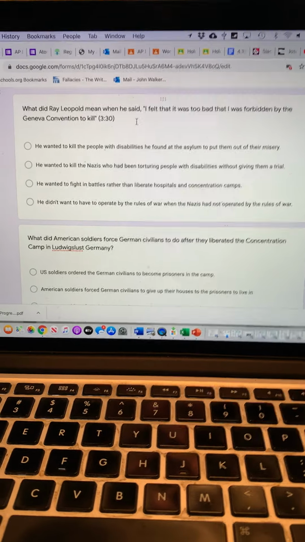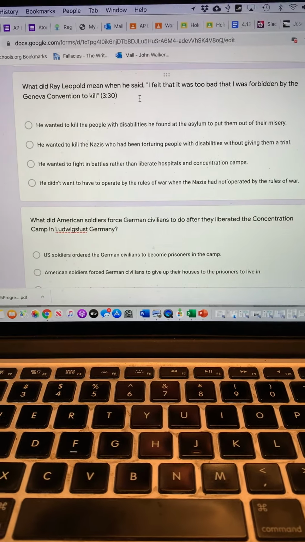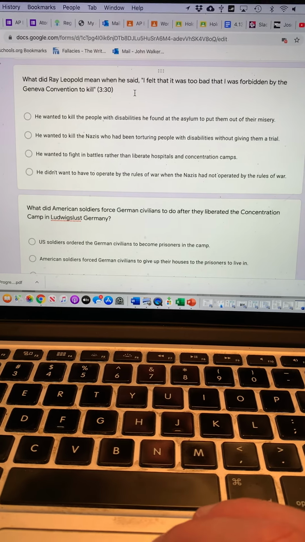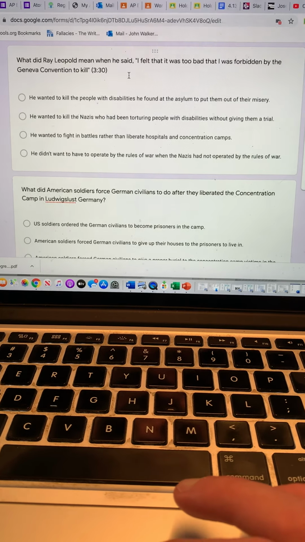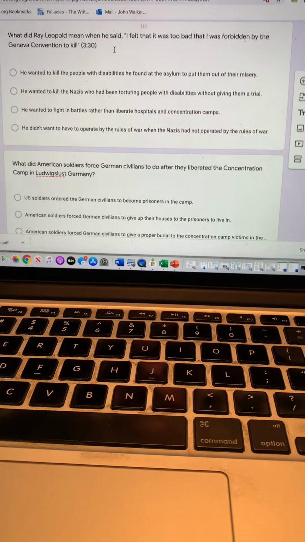The Geneva Conventions are a set of laws agreed to by different nations, giving rules in wartime, especially how you treat prisoners. They had captured these Nazi soldiers, and you're not allowed to torture prisoners.